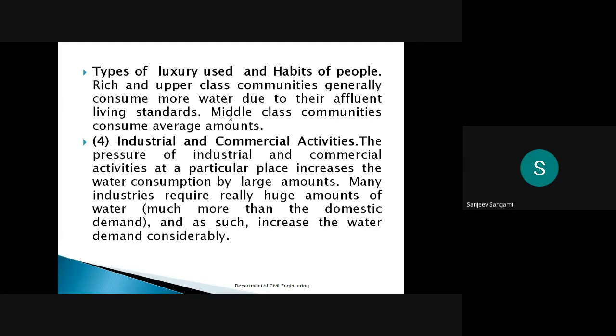Then the fourth one, that is industrial and commercial activities. Wherever industries and some commercial activities are in the cities, there will be an increase in the demand. So that is also going to affect.